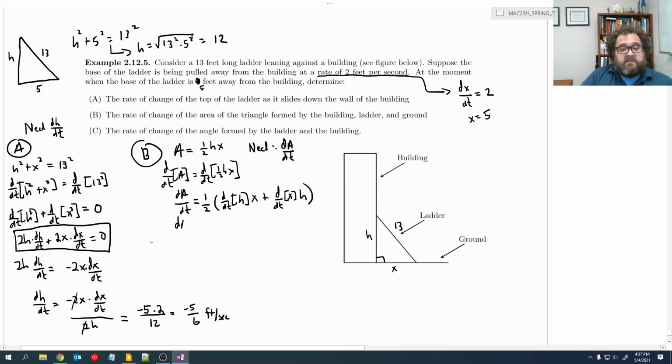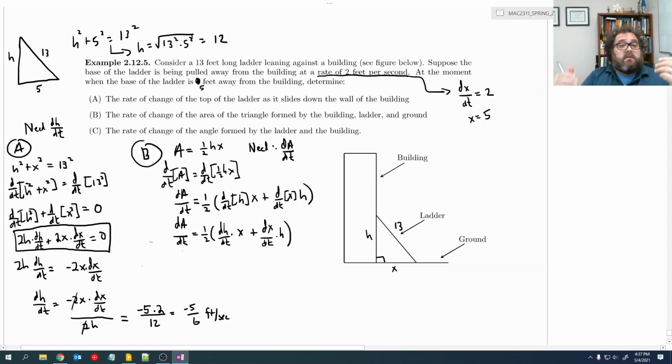That's going to give us dA/dt equals 1/2 times dh/dt times x plus dx/dt times h. And now, this is already solved for dA/dt.